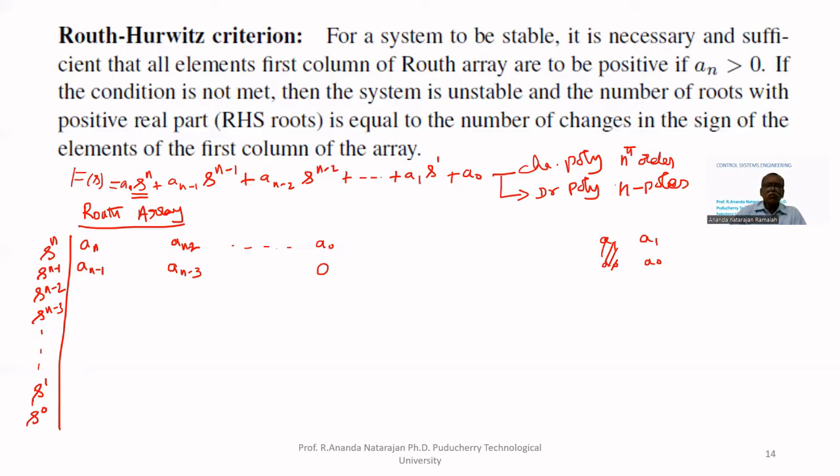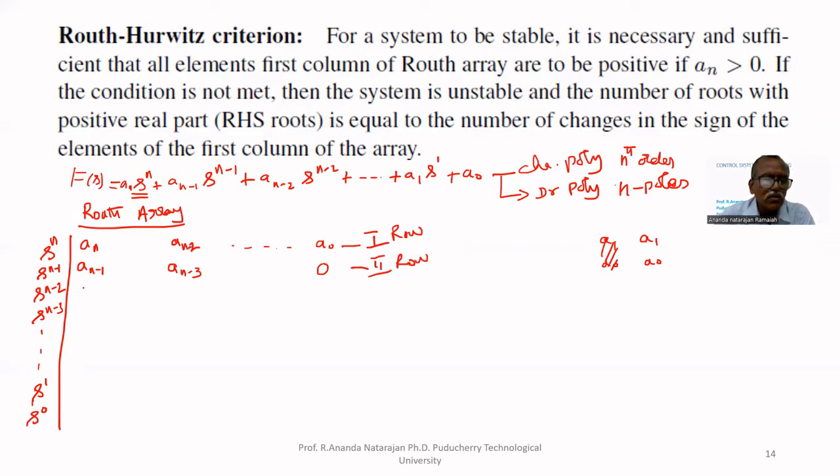So from the polynomial, now we can form two rows. First row is a n, a n minus 2, etc., a naught. Second row is a n minus 1, a n minus 3, etc. So this is the first row of the Routh array. This is the second row of the Routh array.